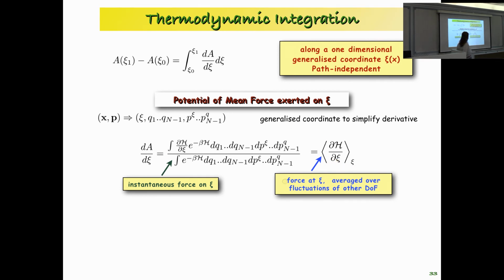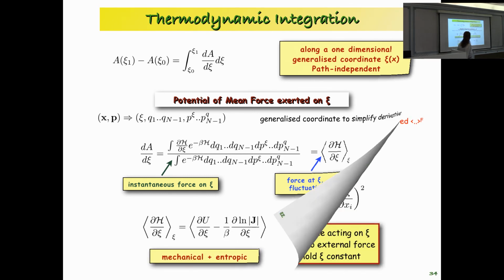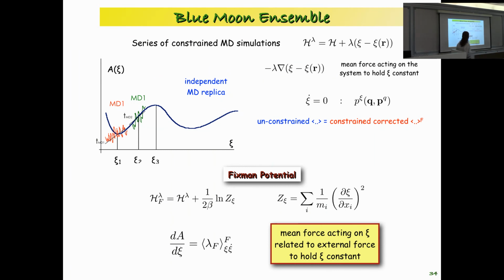I go a bit quick, but this ensemble average can be obtained directly from the ensemble average of the Lagrangian multiplier that you have in the Lagrangian when you introduce constraints. So you extract from your simulation along your MD the Lagrangian multiplier, and you make the average, and then you have the value of the potential of mean force for this specific value of the collective variable.